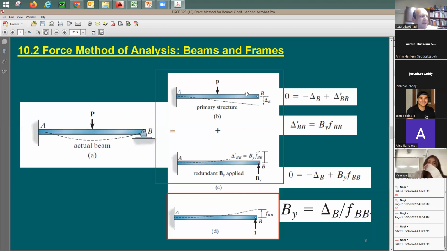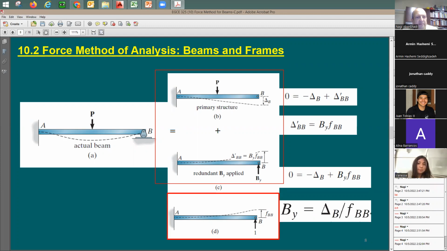So what happened here? How did I make it determinate? Now you're saying that this is determinate and this is indeterminate, right? I'm simply asking you what happened to the beam so that it was indeterminate and now it becomes determinate. We removed the roller.